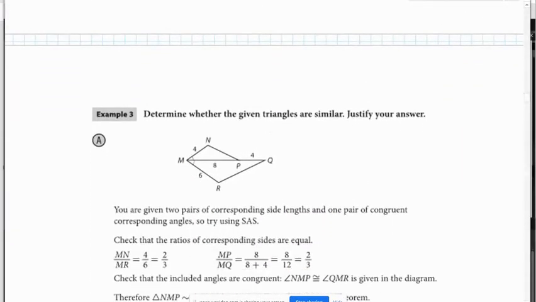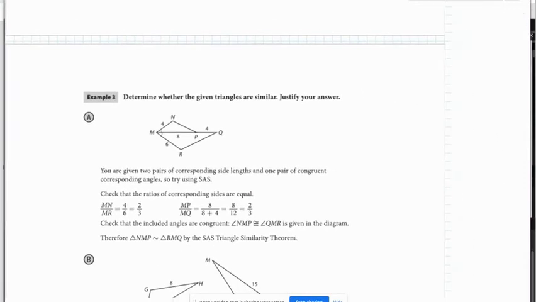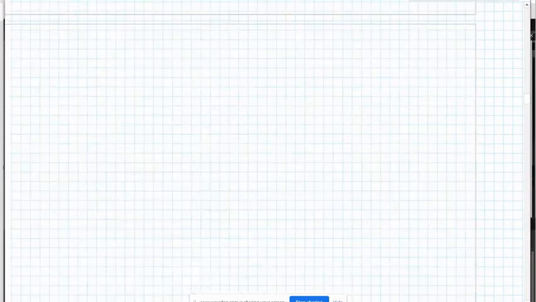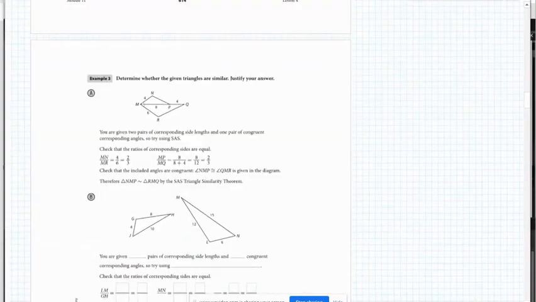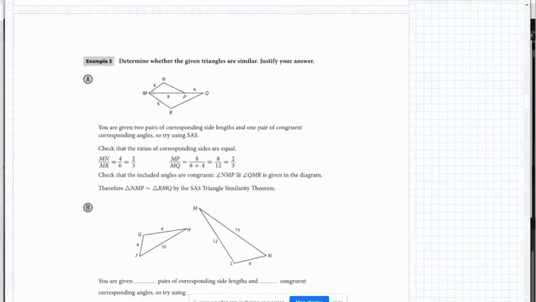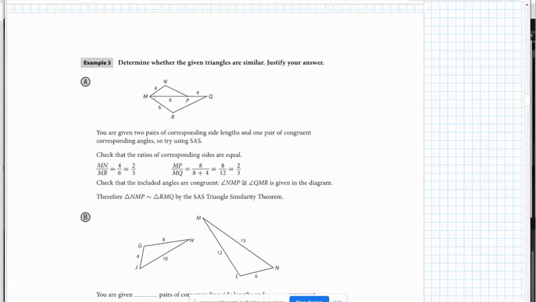Okay, so on this example at the top of page 615, we want to show that the ratios are the same. So if I do the long side here, 12 over the matching side in the small triangle, that's 8.